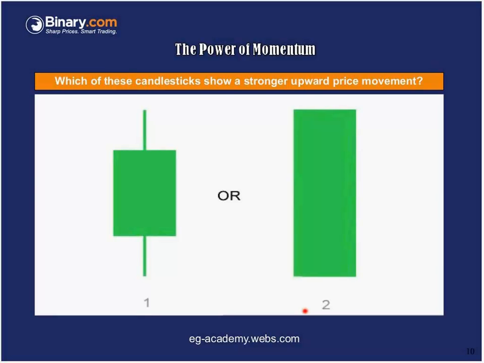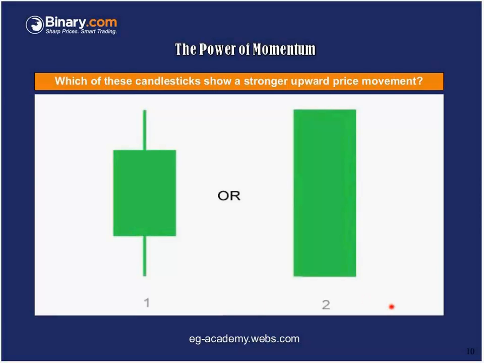Did you guess candlestick 2? If you did, good job. So why does candlestick 2 show stronger uptrend momentum? Although both candlesticks have the same high, low price range, candlestick 2 shows no hesitation in upward price movement.